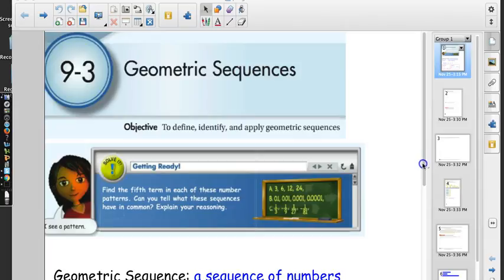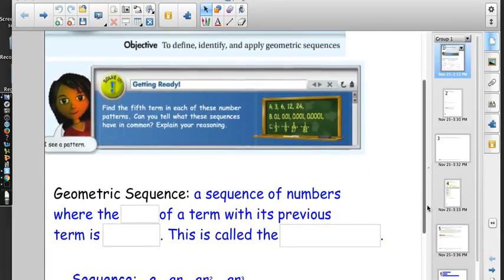So the getting ready says, find the fifth term in each of these number patterns. Can you tell what these sequences have in common and explain your reasoning? I'm actually not going to use the instructions they have. What I want from you is, can you figure out what it is they are multiplying each one of these terms by in A? 2.